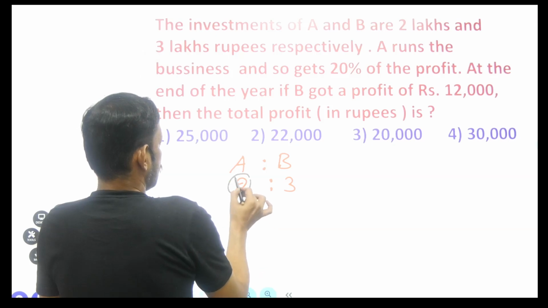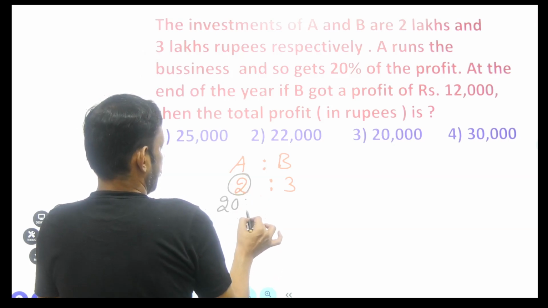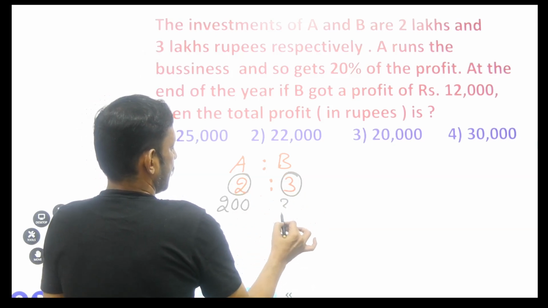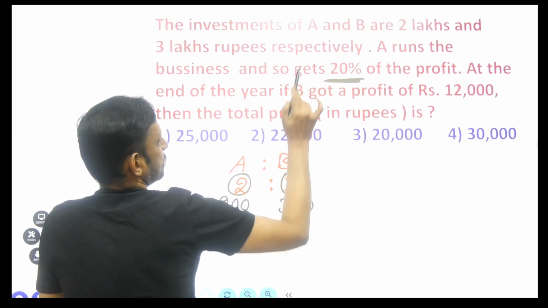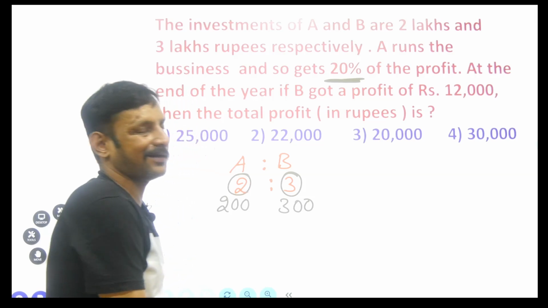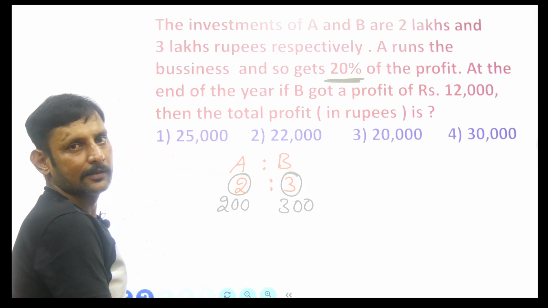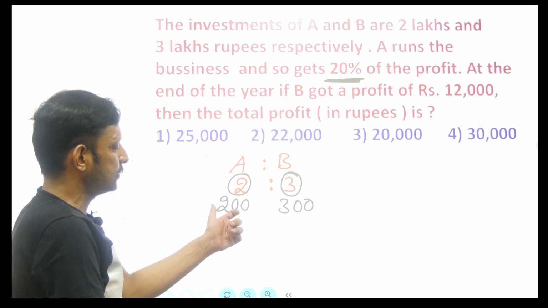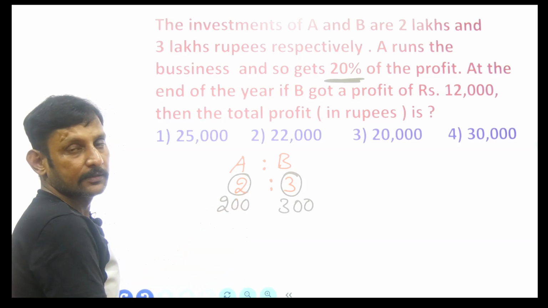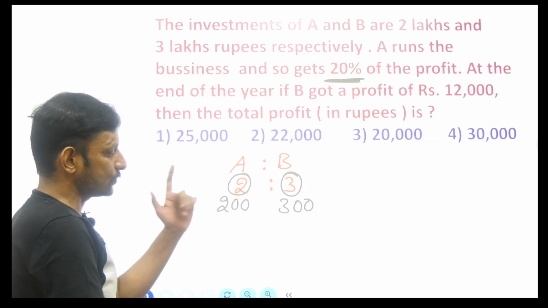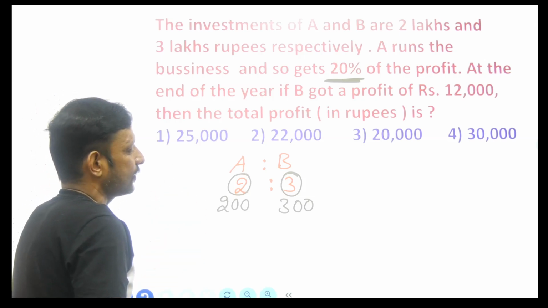I'll take it as 200 units and 300 units. Why? Because when the question is in percentages, percentage means per 100. So if you consider 2 zeros at the end, you can find that percentage value very easily. So I'll take 2 parts as 200 units and 3 parts as 300 units.